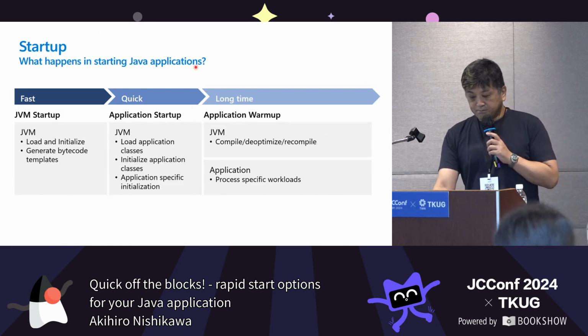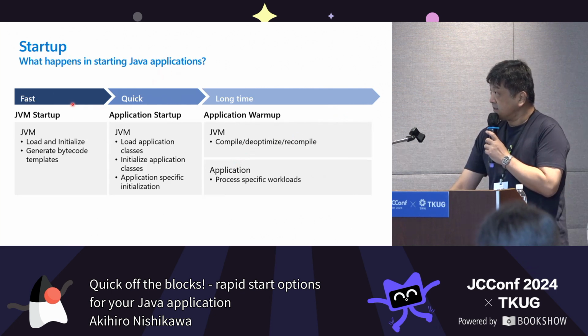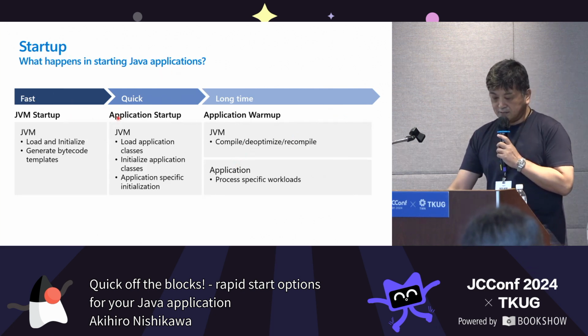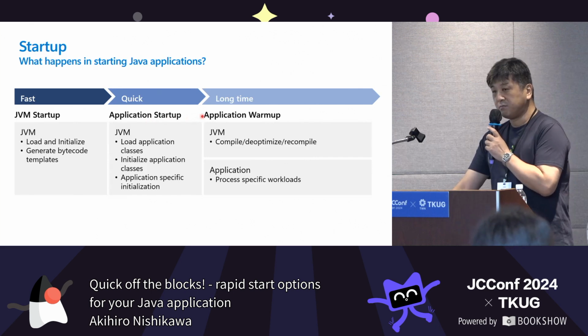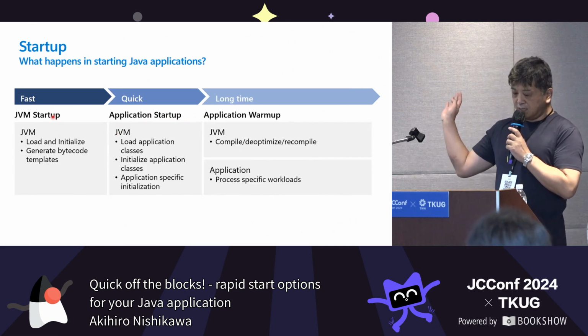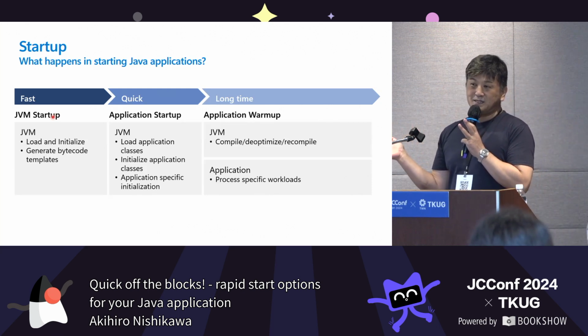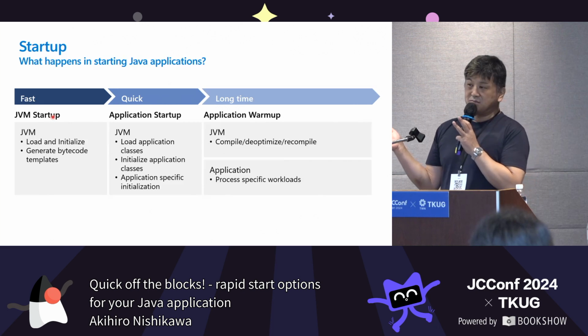Java application startup process can be broken down into 3 phases: JVM startup, application startup, and application warm-up. The JVM startup is very fast, and application startup is a little bit fast, but slower than JVM startup.